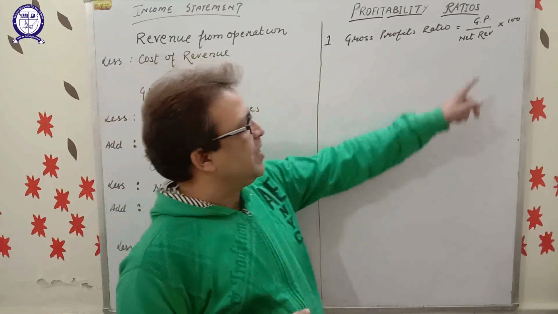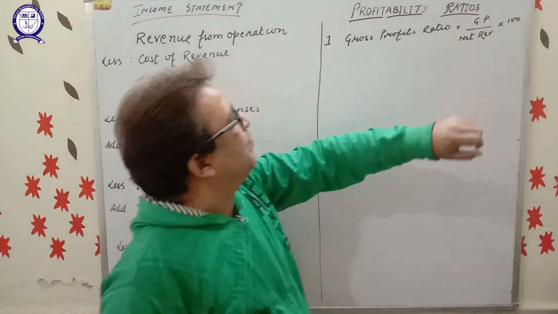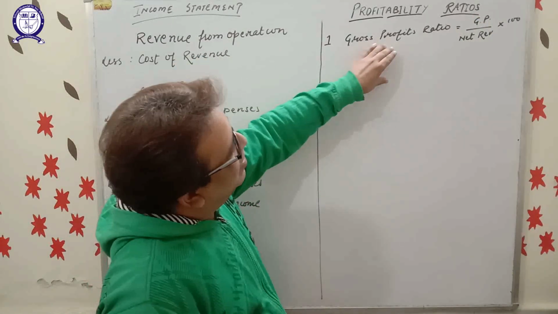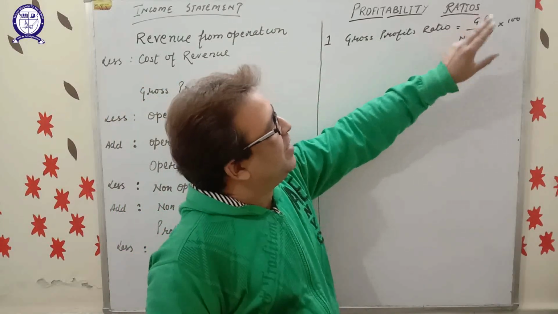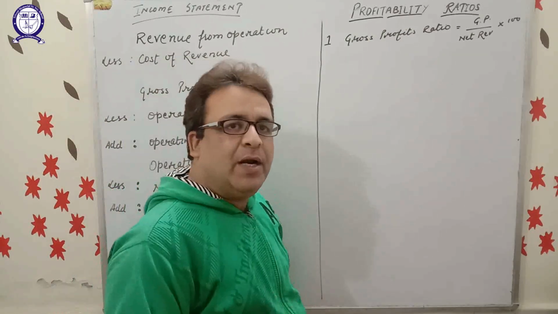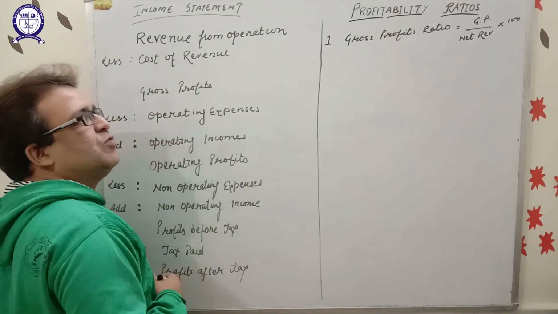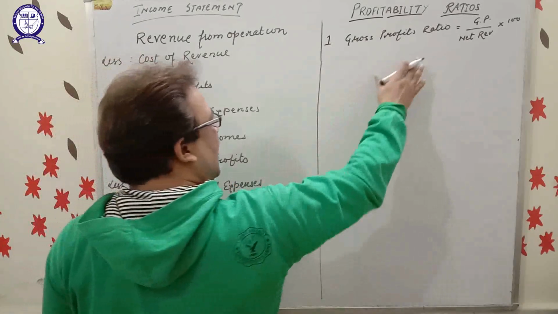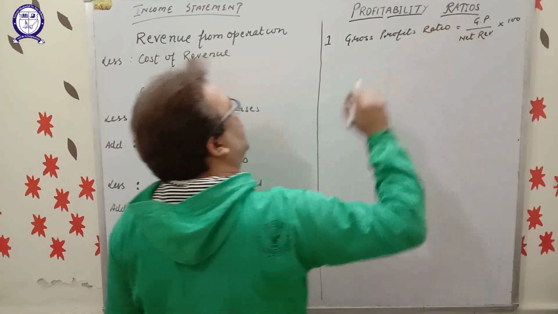If this ratio is high, then that means the company is able to pay its operating and non-operating expenses very easily. So higher is good.